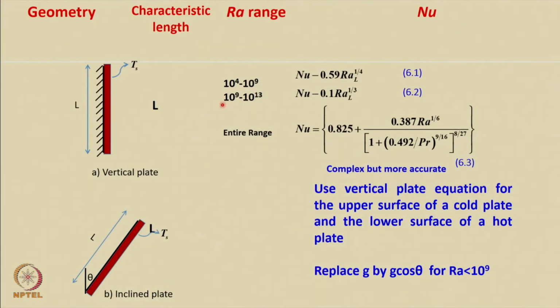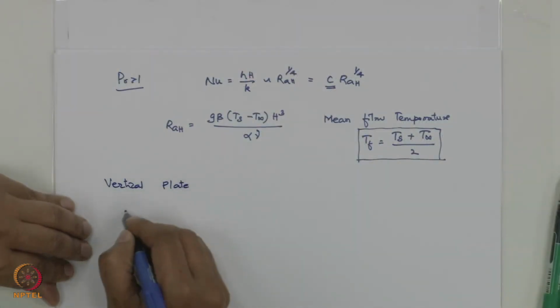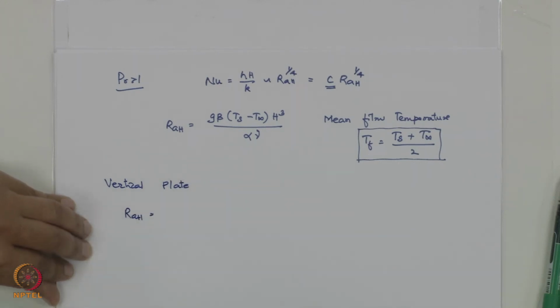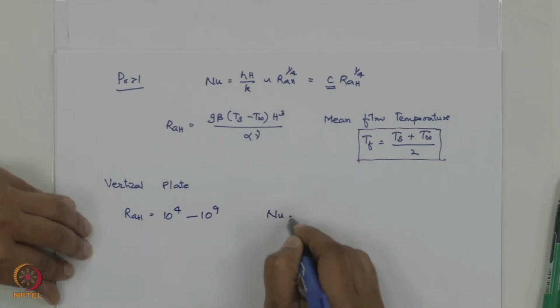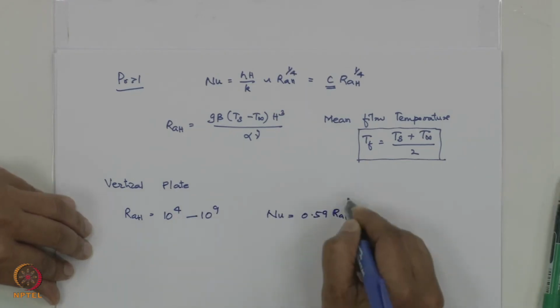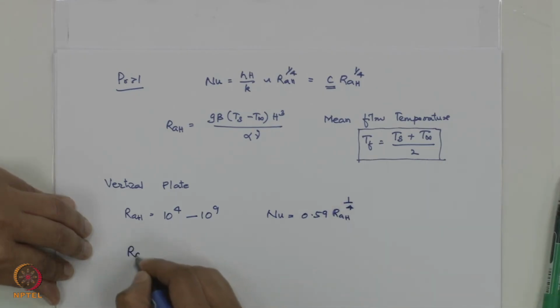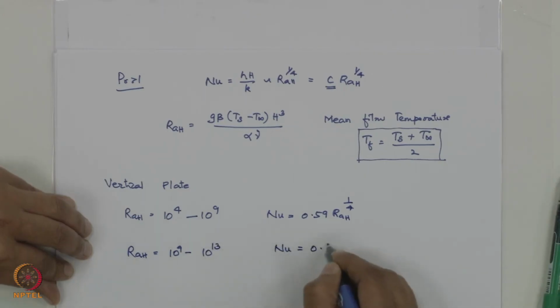So here, if you just see the vertical plate, there is one correlation for a vertical plate: for Rayleigh number between 10 to the power of 4 to 10 to the power of 9, Nusselt number is equal to 0.59 Rayleigh to the power of 1 by 4, and for Rayleigh number 10 to the power of 9 to 10 to the power of 13, Nusselt number is equal to 0.1 Rayleigh number to the power of 1 by 3.